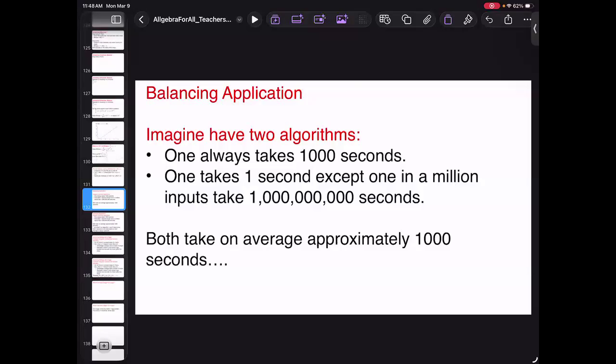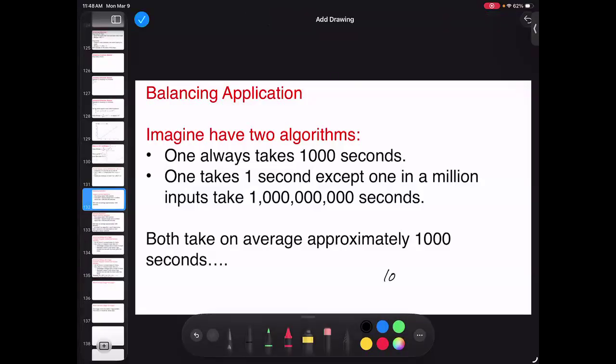So 3,600 seconds is an hour, right? So call it 10,000 over 3 seconds is 1 hour. How many hours are there in a day? So call that 100 over 2, right? So that's hours per day.